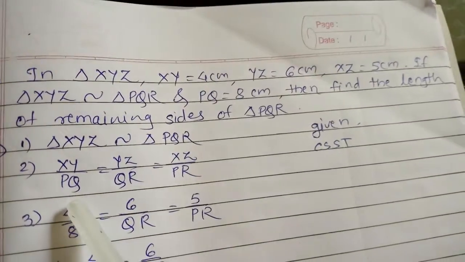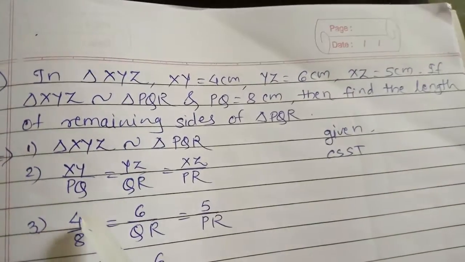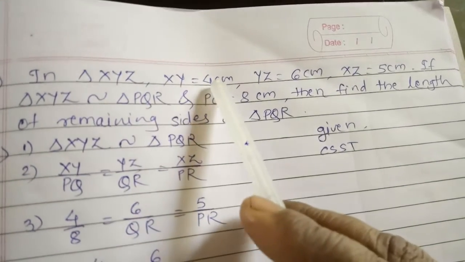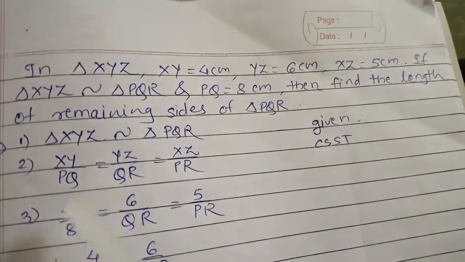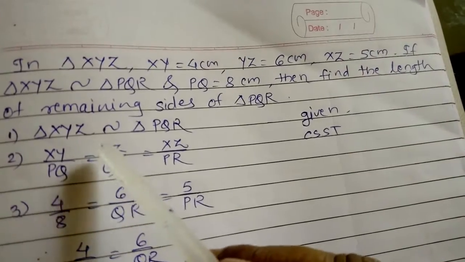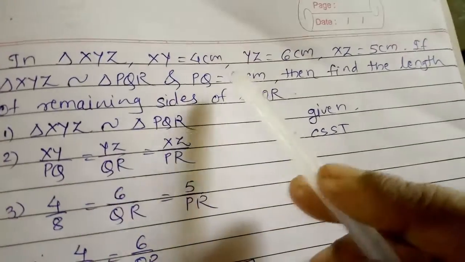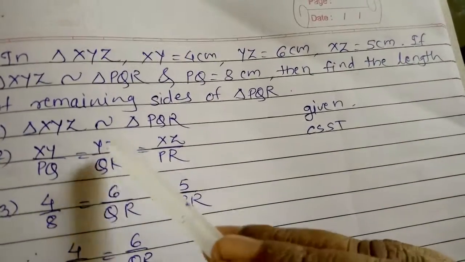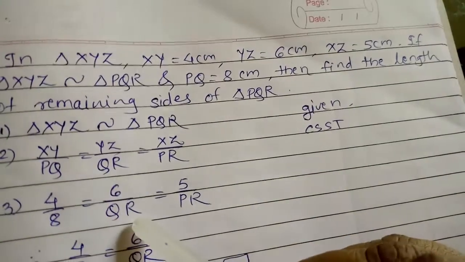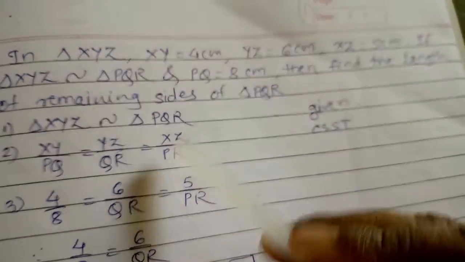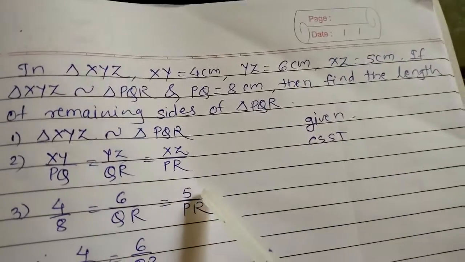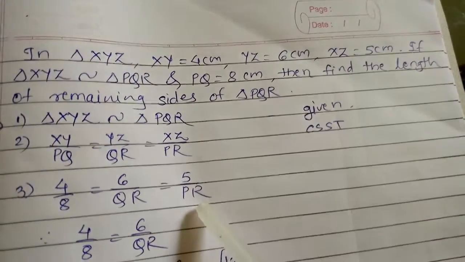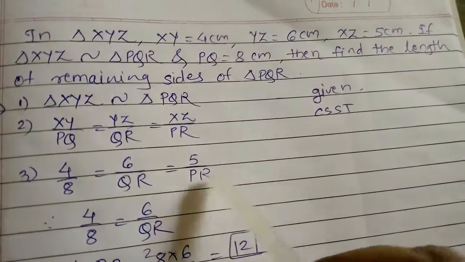And now we are given the measurements. So XY is equal to 4 is given. So we put down the value here, and PQ we are given that is 8. Next YZ is 6 and QR we are not given, so put it as it is. XZ, that is 5, and PR is as it is. Now see, here we put down the values of the 3 ratios.